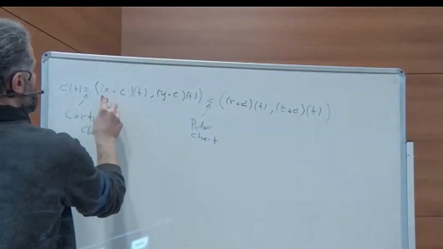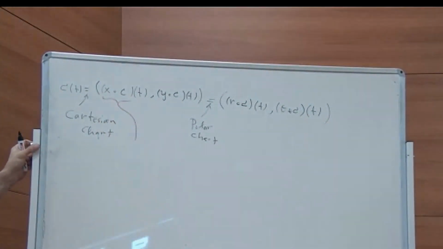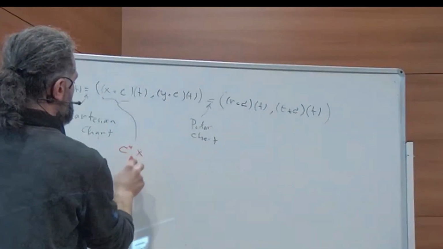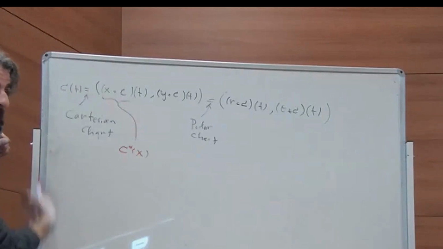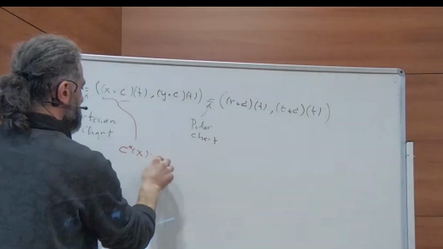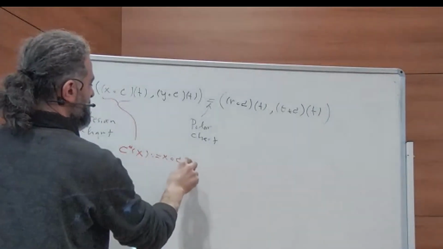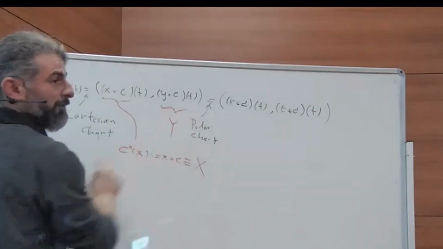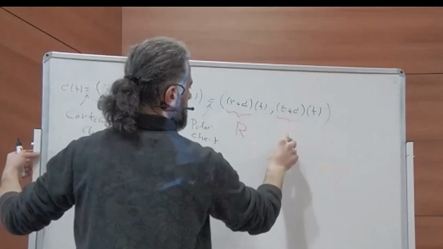So I am again making modern differential geometry in a coordinate independent manner. This is the pullback of the x coordinate to the real line. I denote this by capital X. This is capital Y. This is capital R. This is capital theta.